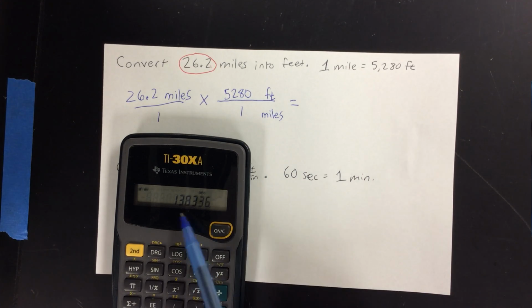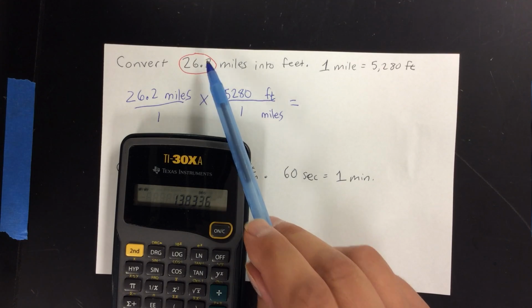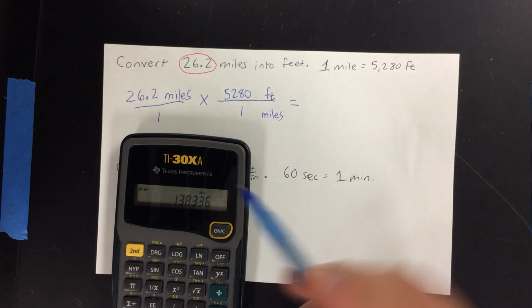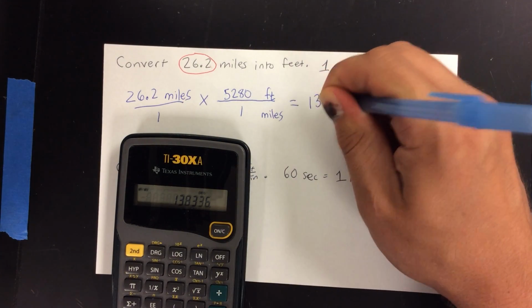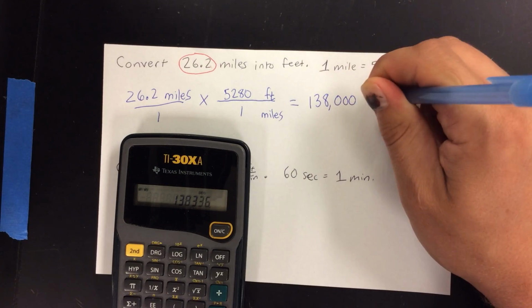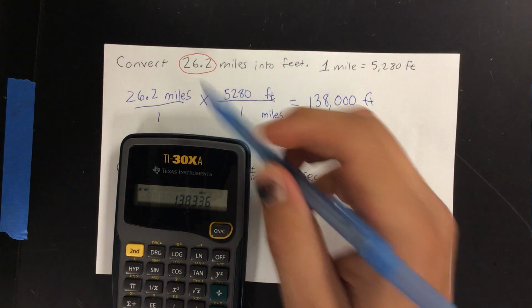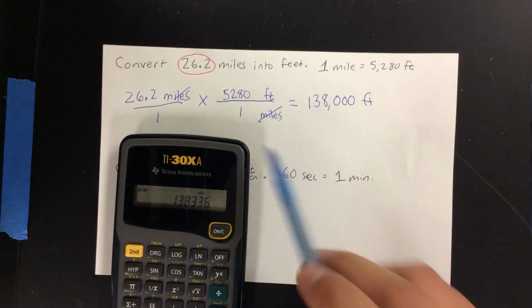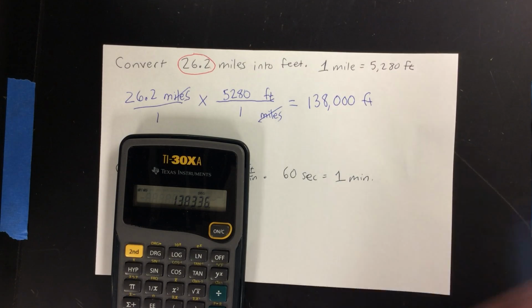So we have to take our answer here and round to the correct number of sig figs. So since we start with 3 sig figs, we need to end with 3 sig figs. So that would give us 138,000. All right, so we go miles, the miles cancel out, and that leaves us with the feet. Very good, so that's our first example.